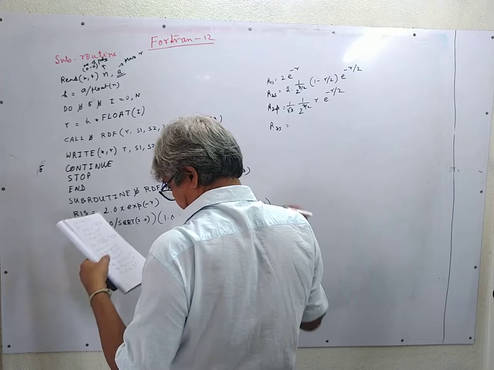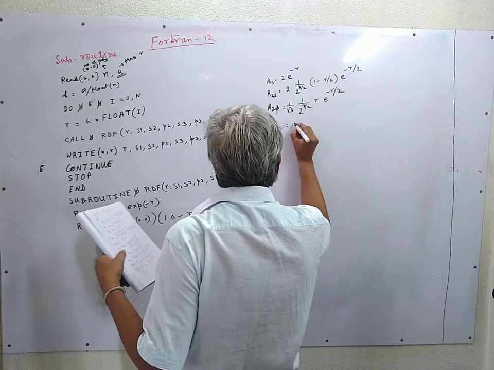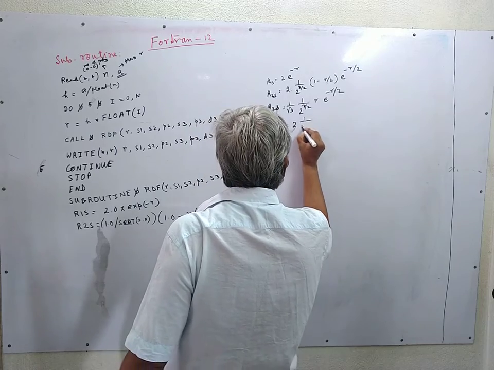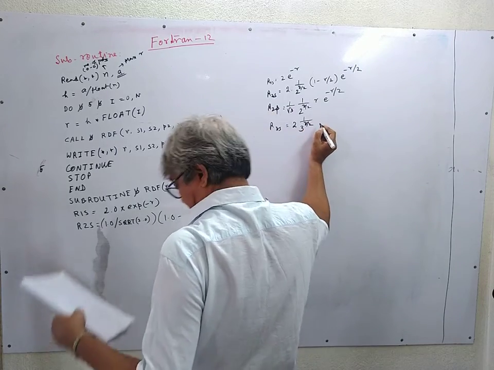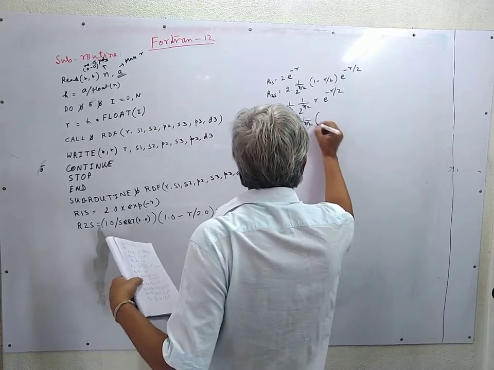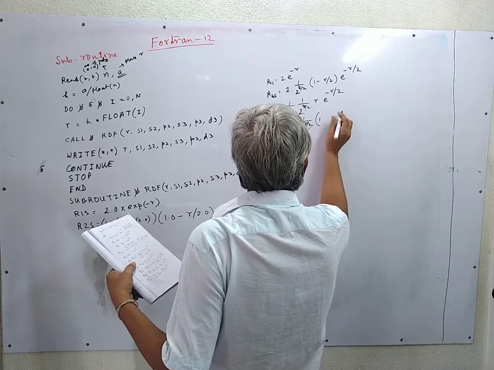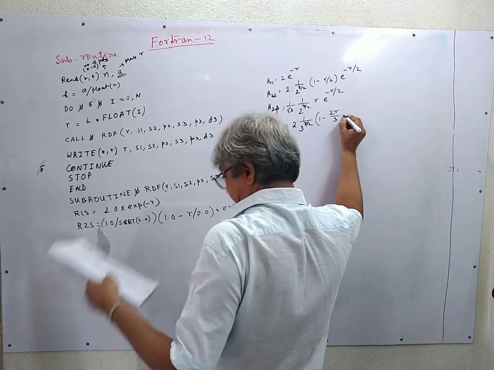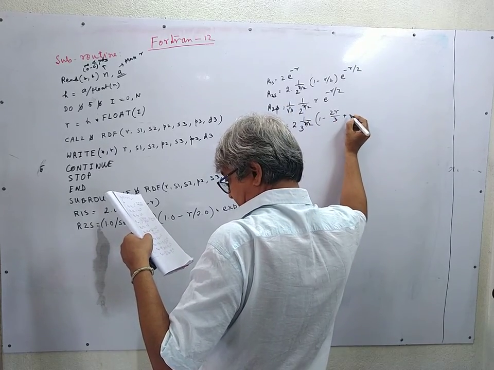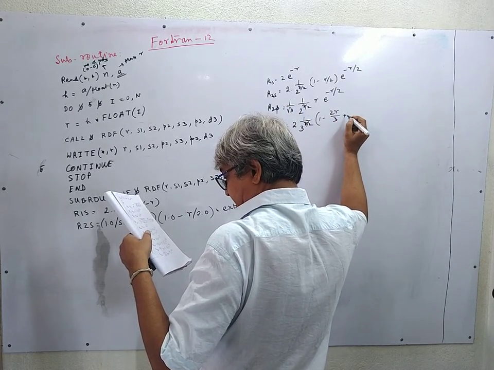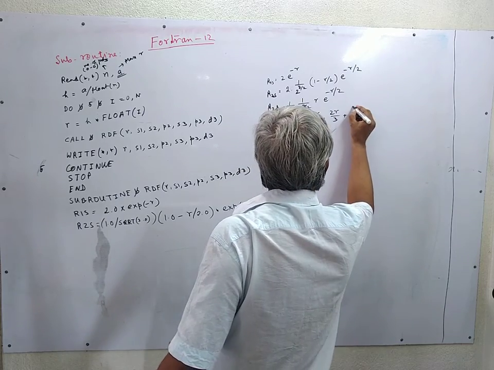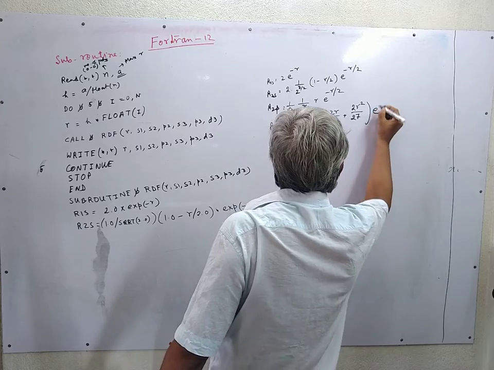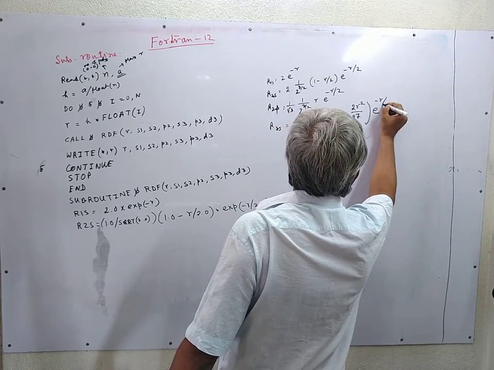R3s is 3 to the power 3 by 2, 1 minus 2R by 3 plus 2R square by 27, e to the power minus R by 3.